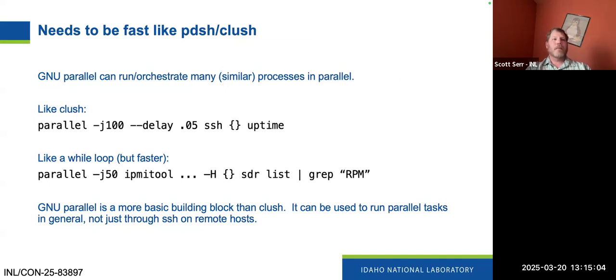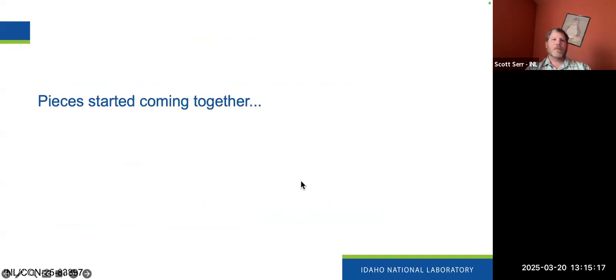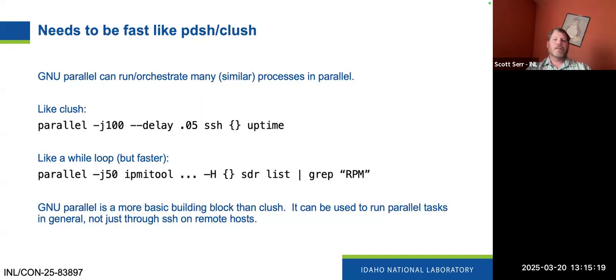So I was aware of GNU parallel and I started playing with it. You can do things like clush with GNU parallel and SSH. You can also do things outside of the SSH sort of commands, like using ipmitool here.